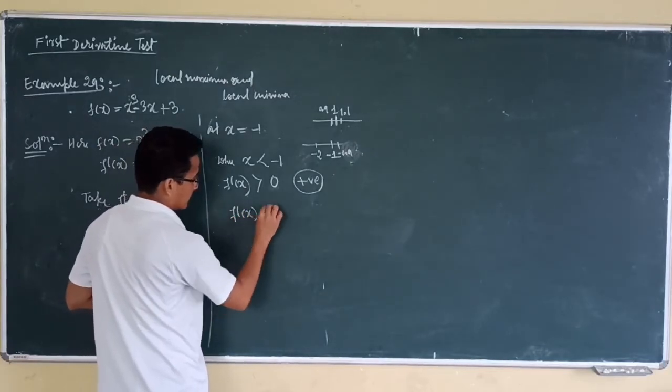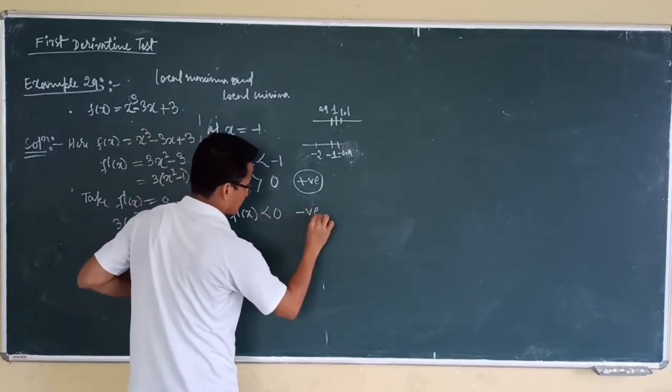F dash x is less than 0, that means negative.